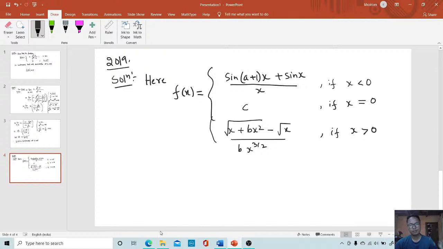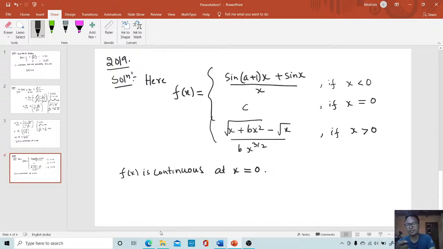The function f(x) is continuous at x equal to 0. We have to find the values of a, b, c.